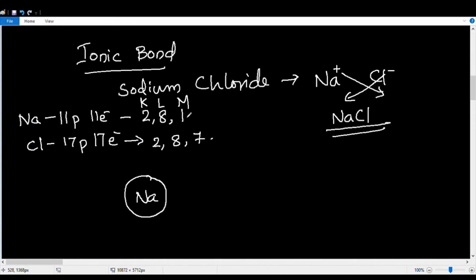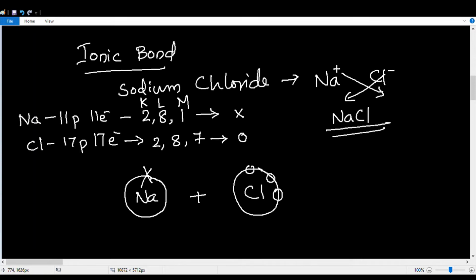I am representing sodium electrons with a cross and chlorine electrons with a circle. Sodium has 1 electron in the outermost shell, plus chlorine has 7 electrons in its outermost shell.